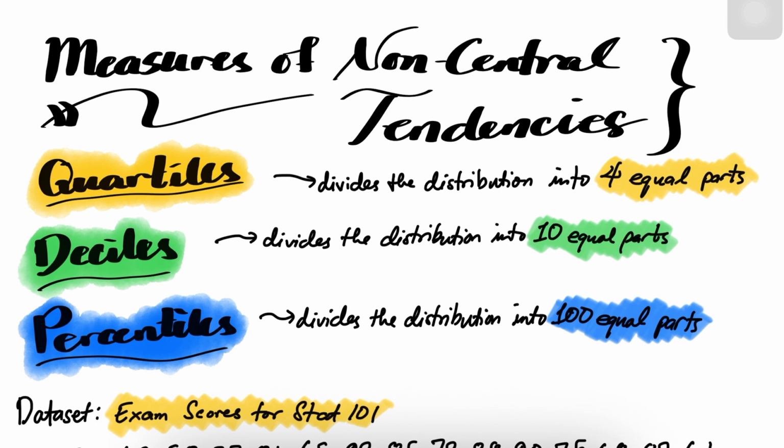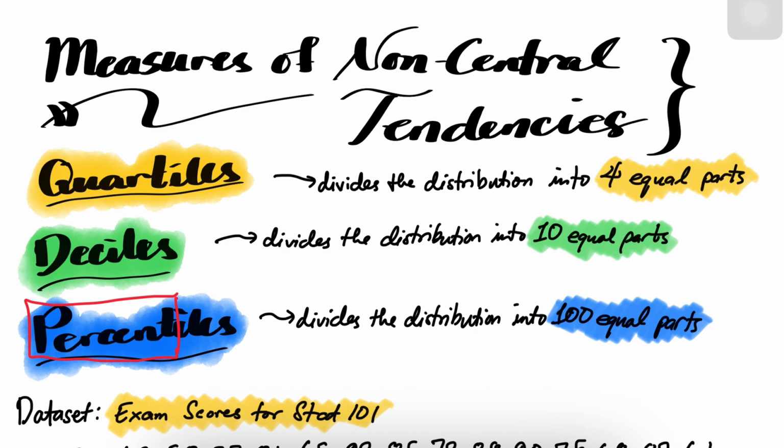There's the word quarter here, which stands for 4. It's like quarters in a year. We have the deciles, which has the prefix D as in decimals. And we have the percentiles, which comes from percent, which is in Latin percentum, which means per 100.